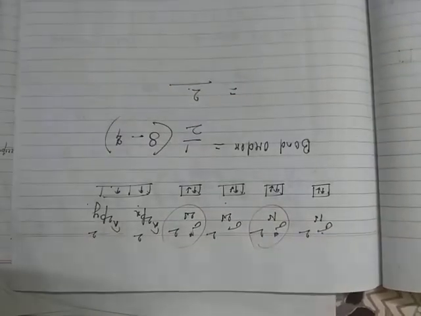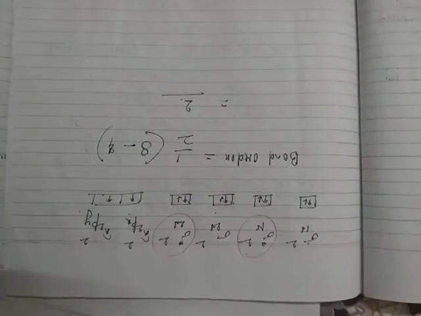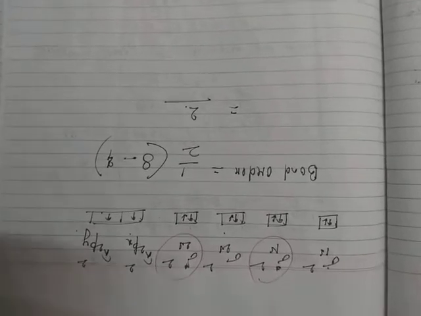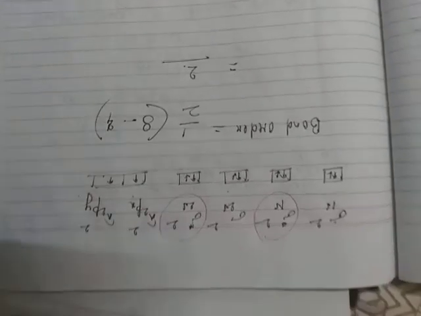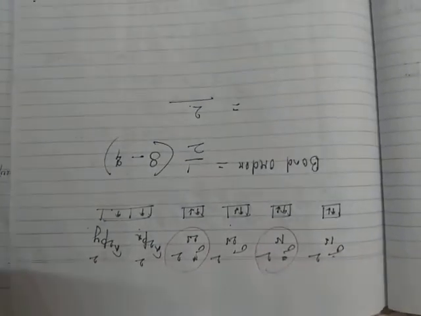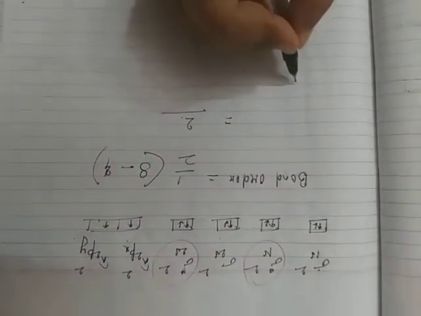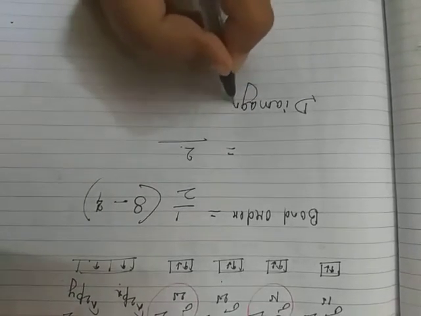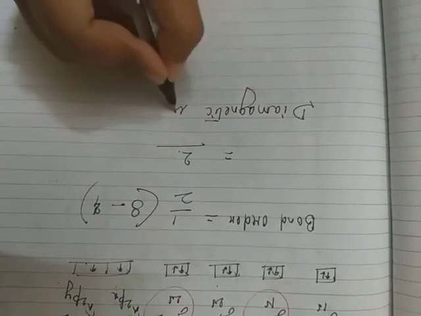The bond order is equal to 2. That is, in C2 we have an average bond strength of a double bond, and since it has no unpaired electron, it is diamagnetic in nature.